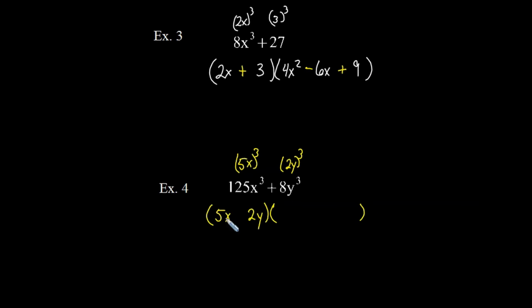And then our trinomial is created from it. 5x times 5x is 25x squared. 5x times 2y is 10xy, and then 2y times 2y is 4y squared. And then we'll make our signs according to the acronym SOAP, same, opposite, always positive. So there's 4 quick examples on the sum of cubes.